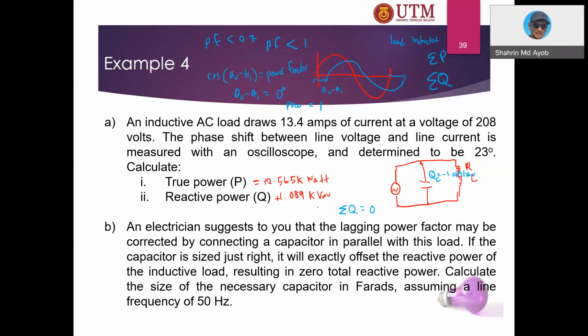So if your QL is 1.089, to compensate the QL you need to produce QC, which is negative 1.089 kilovar, so that the angle between current and voltage is 0.